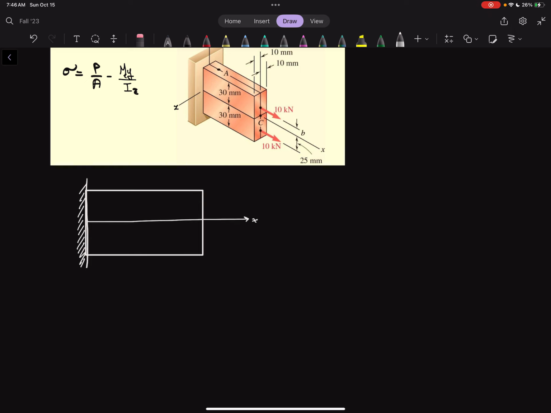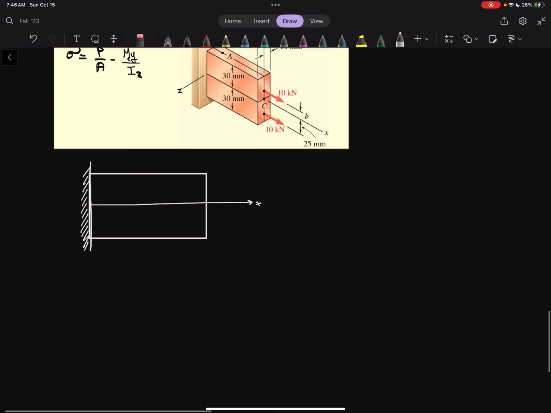And we have a load at 25 away. We have 10 kilonewtons at a distance of 25 millimeters. And this B, this is a distance B with another force.